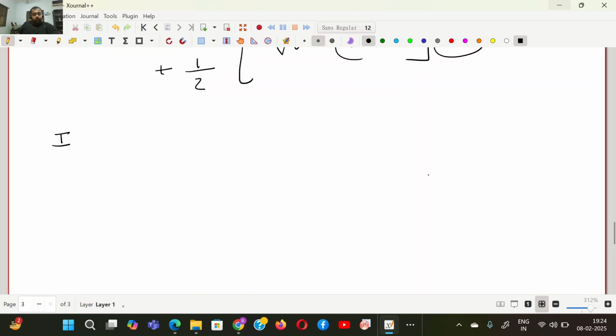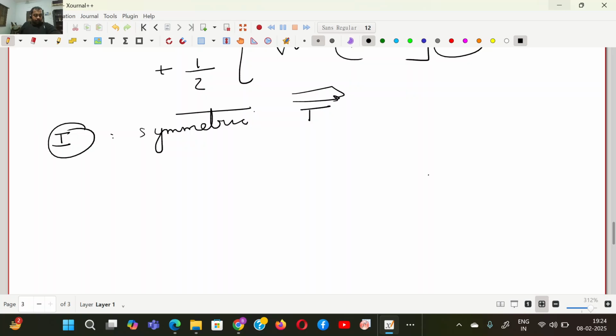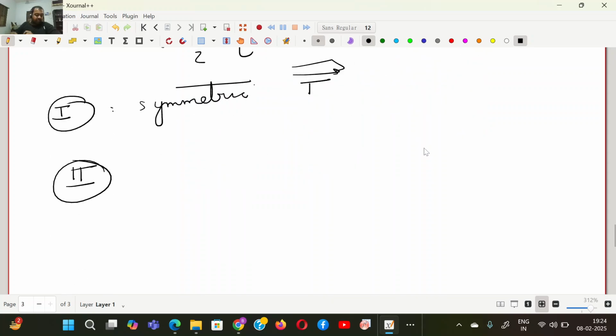So as you can clearly see, the first is a symmetric part. This I'm representing as gamma. Second, this one is the anti-symmetric part. This I'm representing as omega. So basically our velocity gradient has this symmetric gamma and this anti-symmetric omega.